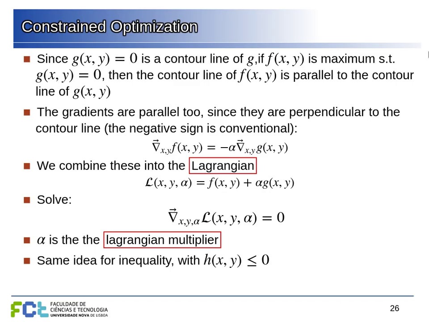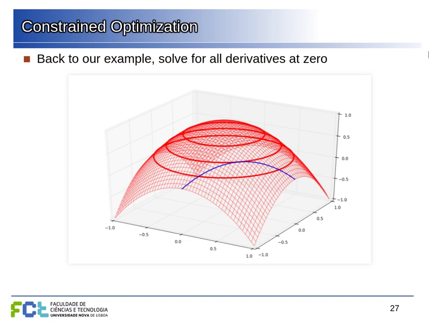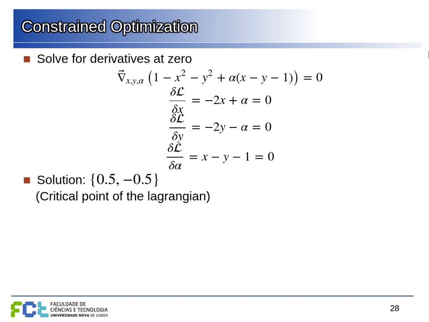So this is the technique for going from a constrained optimization problem into a simple optimization problem, in this case finding the critical point of a function, by incorporating the constraint as an additional term on the function we are working with. So for our example, we write the Lagrangian for our function with the constraint, and now we solve for when all the derivatives are 0.